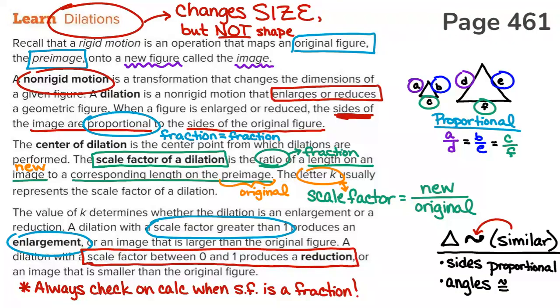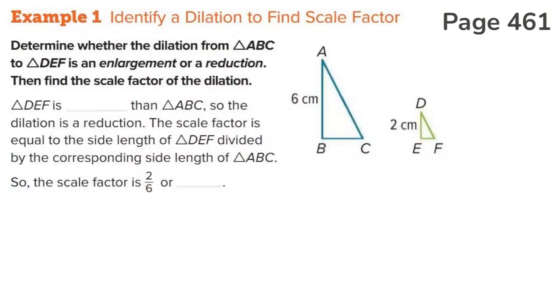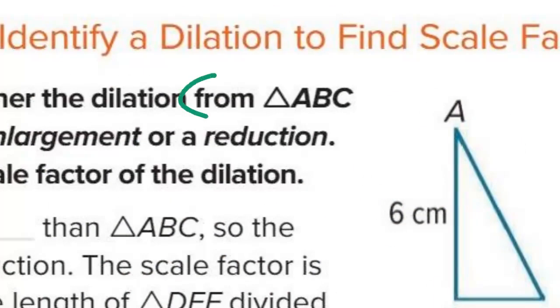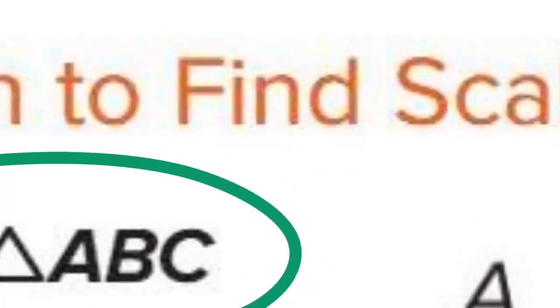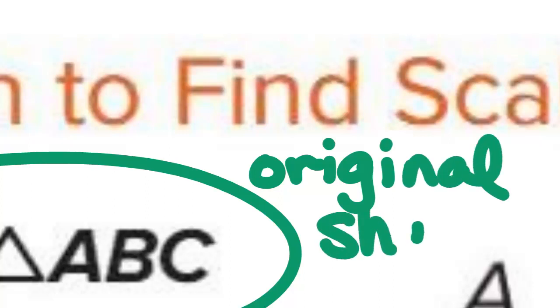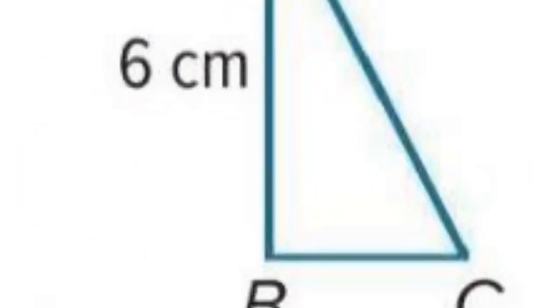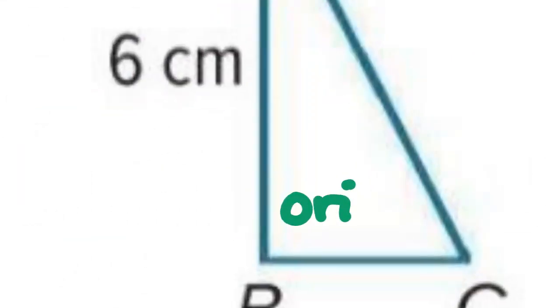Let's actually start to use some of this now. Let's look at example number 1 down at the bottom of the page. It says determine whether the dilation from triangle ABC, since this is what I'm starting from, this is my original shape. I'm even going to draw that on this picture here. This is my original.